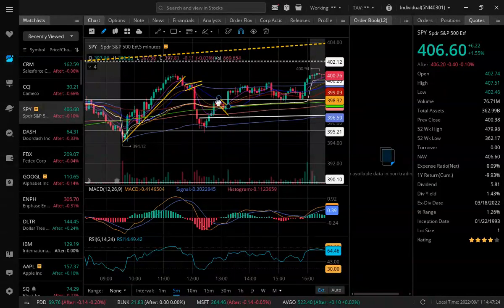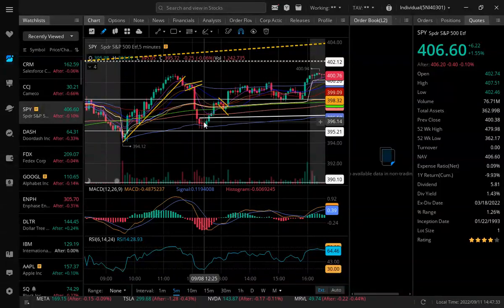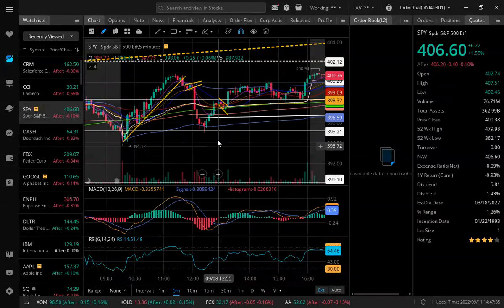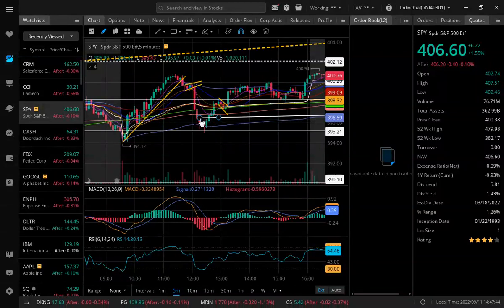The next call was the bounce off the pre-market lows, confirmed by this hammer candle being a reversal at the end of a downtrend, and we would take our calls above the top of this consolidation area. And then our next call was this bull flag, the breakout of the bull flag.